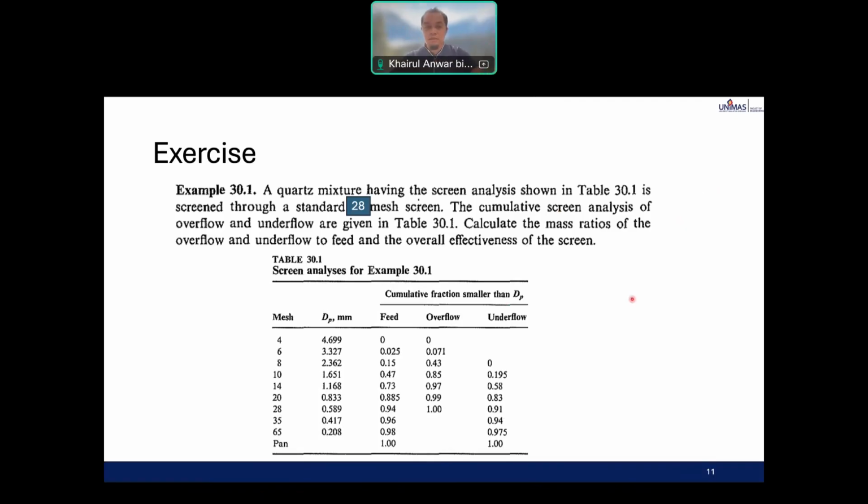So this is the exercise based on the standard mesh screen. Yeah, we follow the same method to calculate E.